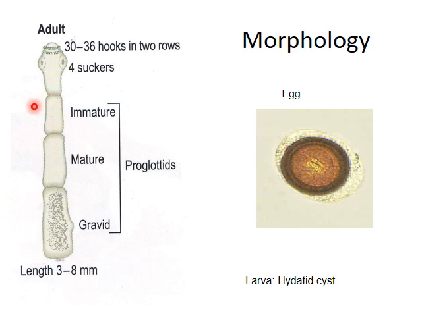In contrast to Taenia, the body of Echinococcus has only 3 proglottids. If you remember, there were more than 1000 segments in Taenia, while in Echinococcus there are only 3 proglottids or segments. The first is the immature segment, the second is the mature segment, and the third is the gravid segment.